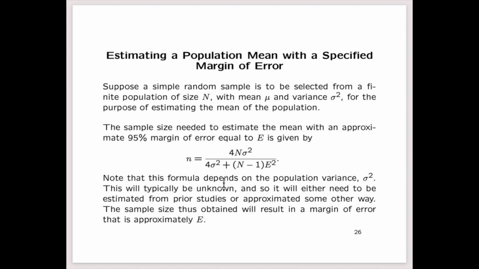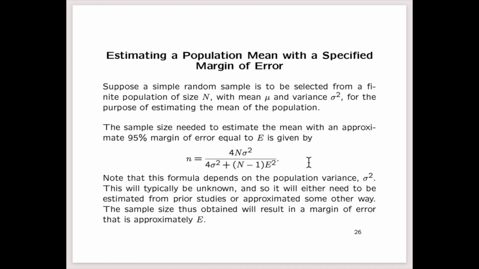Now, in order to use this formula, we would obviously need to know the population size. We will have the margin of error, because we determine the desired margin of error that we want. But the problem is that this formula also involves the population variance, which we said that we probably won't know.